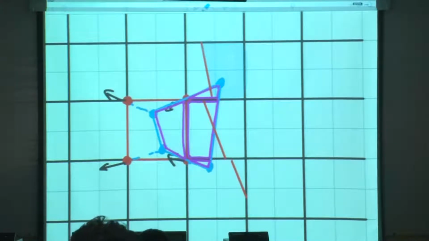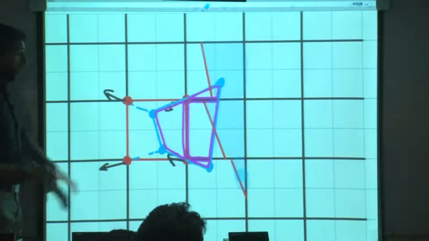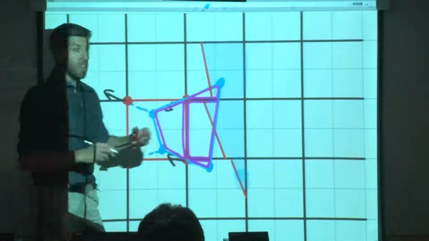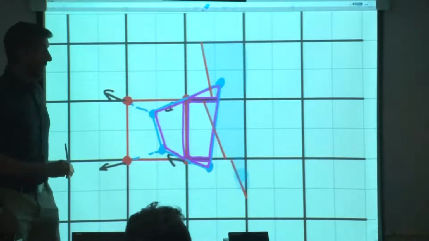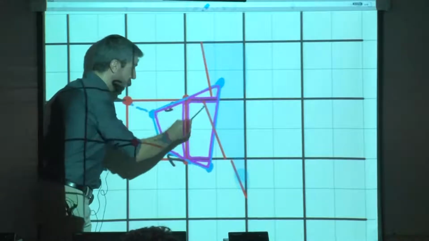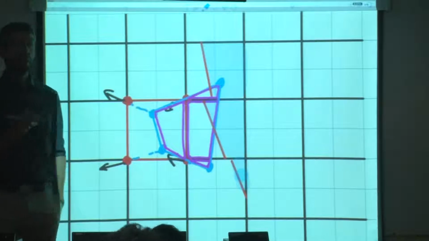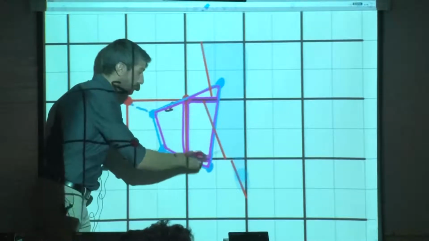And this is my liquid. In all my cells, I know where my liquid is, and I know specifically where the interface is. So now the problem I have to go through is take each of those little guys and split them by this plane.